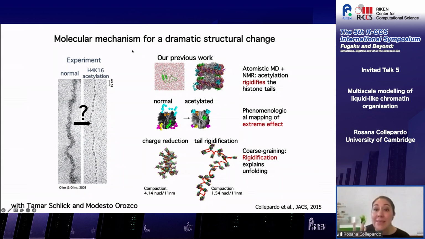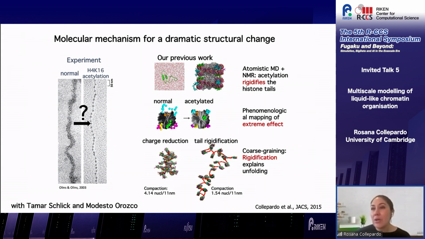And when we look at the direct modulation of chromatin structure by chemical marks, one of the most dramatic changes is the decondensation of chromatin upon histone acetylation, lysine acetylation. This has been observed in vitro, as I'm showing you here in the slide, since many, many years ago.